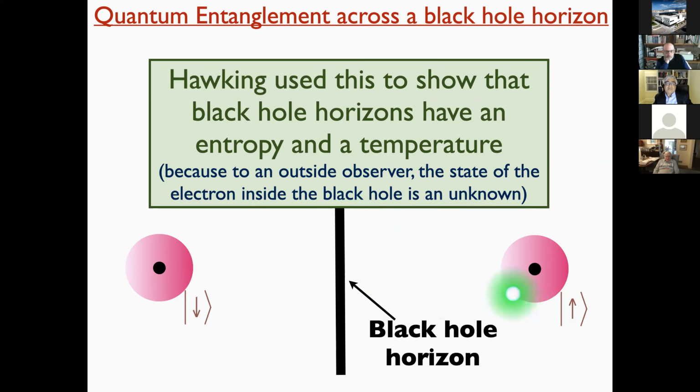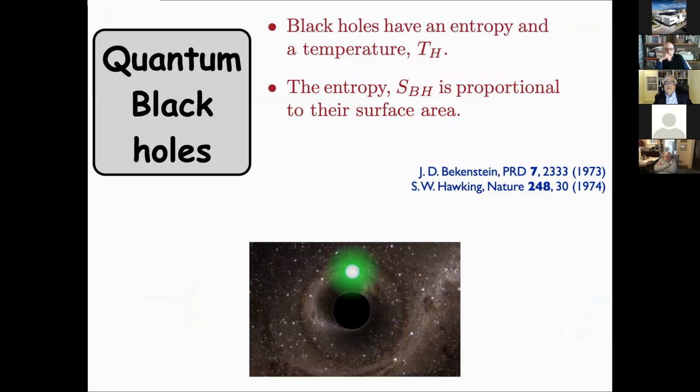Roughly, you can think of this as: if you have this qubit electron with you outside, as far as you're concerned, the other one's gone forever. So this is essentially a random qubit. So to you, looking at the black hole from outside, it appears there's some temperature there, because you see these things coming out, which are just random. Okay, so this is summarizing the Hawking temperature.